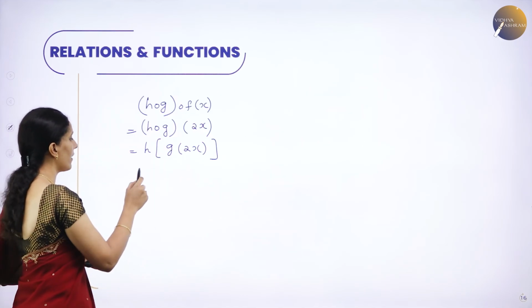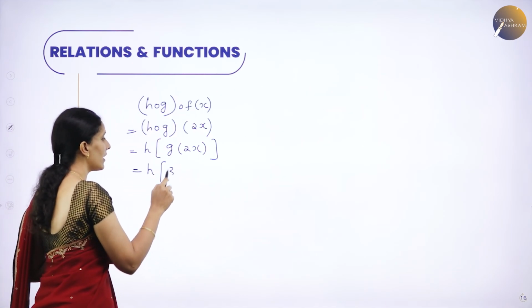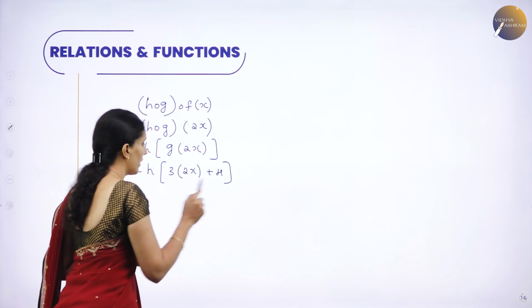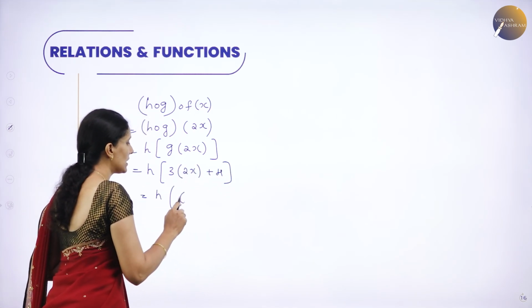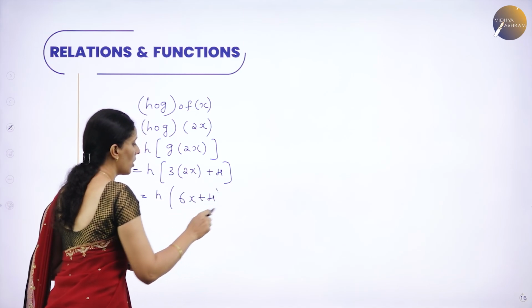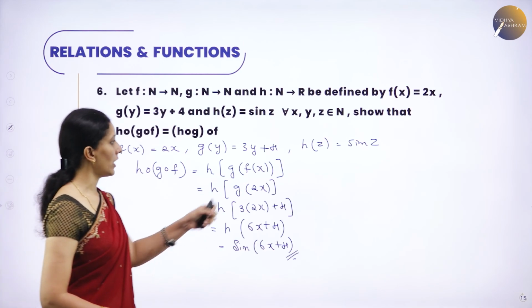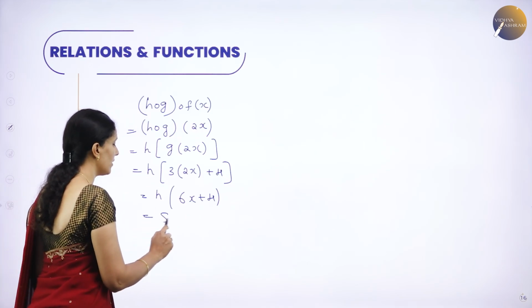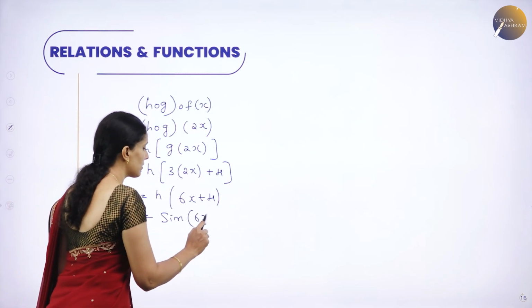That means I can write this as 3 into 2x plus 4. Again, this is h of 6x plus 4. How is the function h written? h of z in the form of sin z. So therefore this is again sin(6x plus 4).